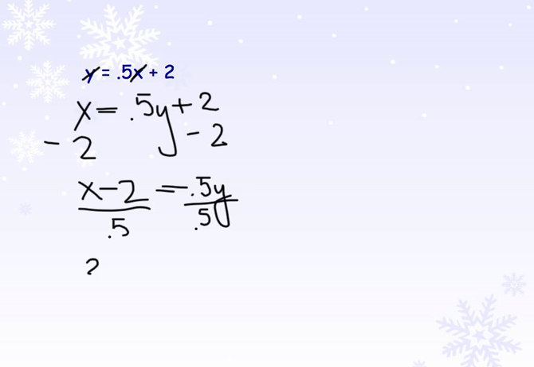So I'm going to get 2x minus 4. And that equation, if you type it into your calculator right now, okay, that equation is going to be the inverse of the parent function that I gave you earlier of y equals 0.5x plus 2. Right? Try it, type it into your calculator, and see if that's true.